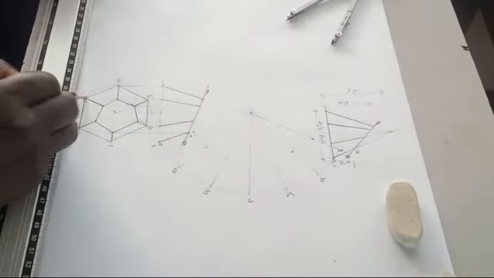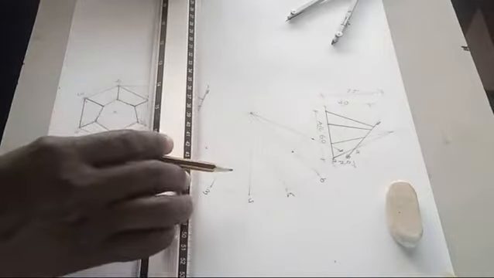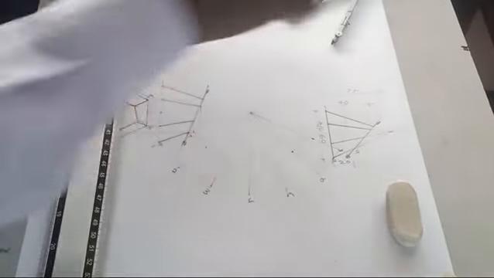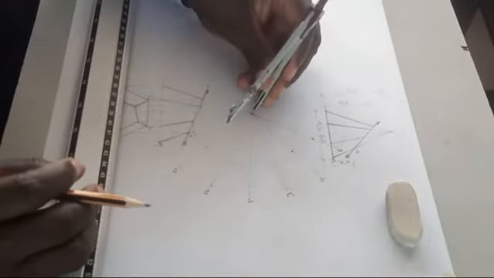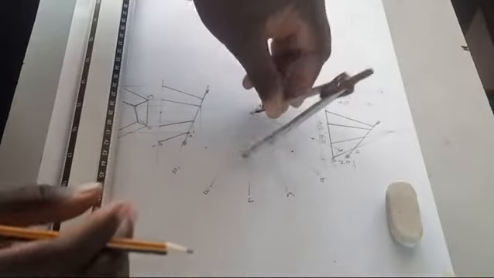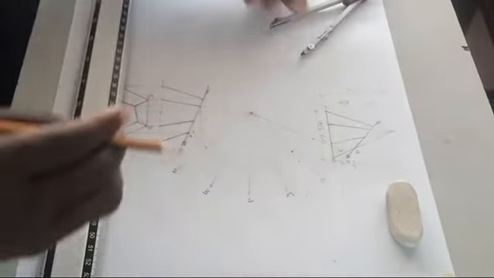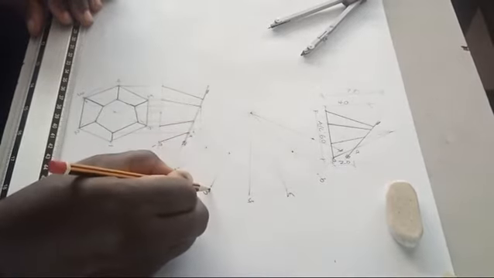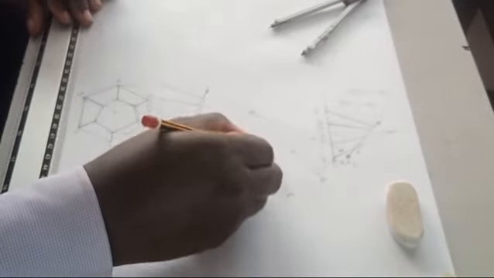The next one is 3 and 5. You draw a horizontal line first to the side of the pyramid, extend it to that point and describe an arc. That is for 3 and 5. Our 3 is here, and our 5 is here.